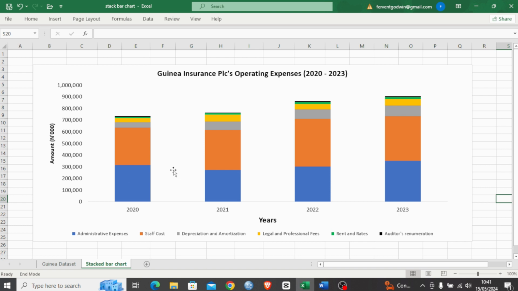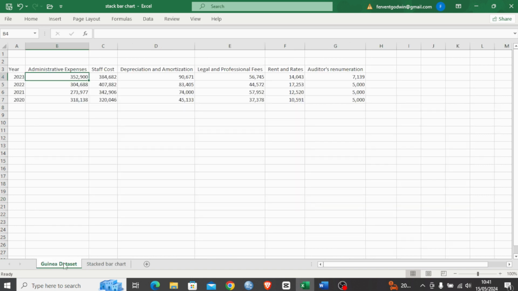So with a quick glance, although this is not a line chart, it's a stack bar chart, we can see that the expenses actually increased over the space of 5 years. So real quick, let's take a glance at the data sets first.